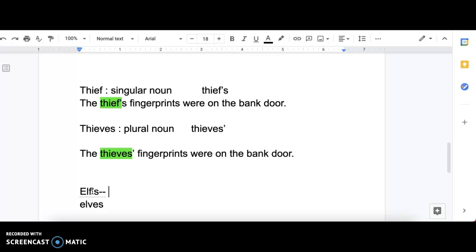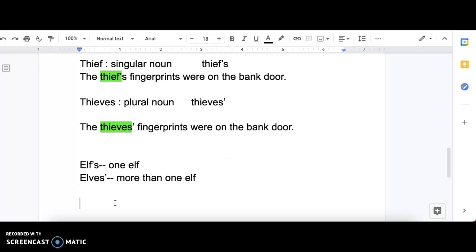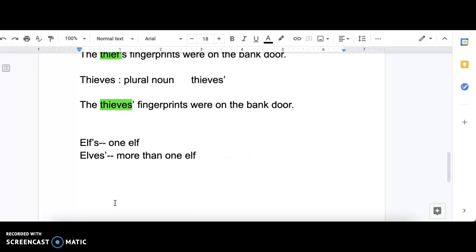That would be one elf, something that belongs to one elf. Or elves apostrophe, and that would be if it was more than one elf. Okay, so I want you to think of a sentence that has either one elf or elves.